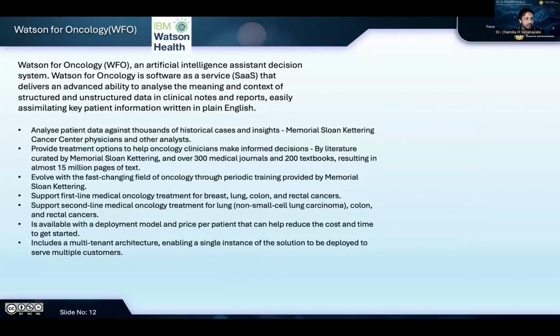So let's talk about Watson for Oncology. It's an artificial intelligence assisted decision support system. So this Watson oncology is not a software, it says they use it as software as a service that delivers advanced abilities to analyze the meaning and context of structured and unstructured data in clinical notes and reports, easily assimilating key patient information written in plain English, which is very relevant for us.